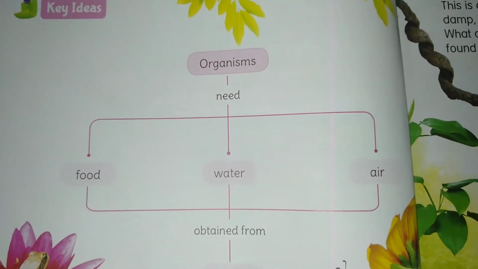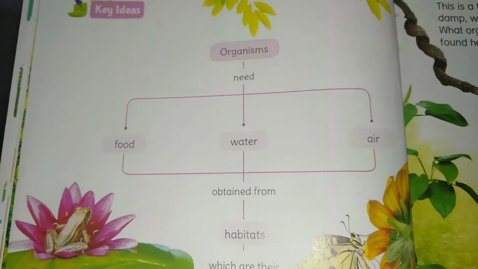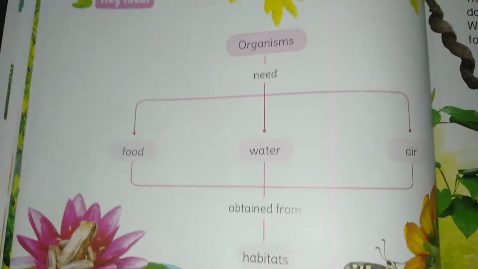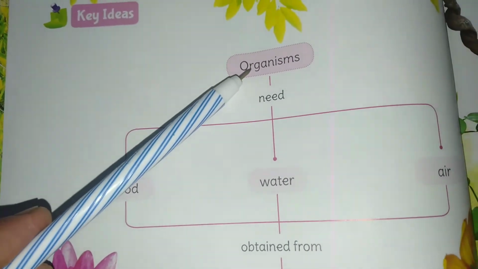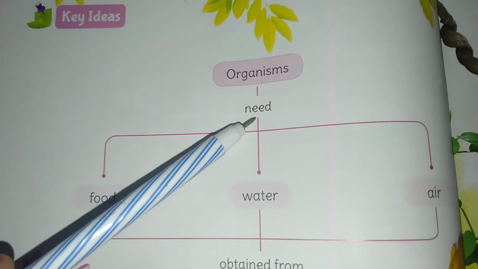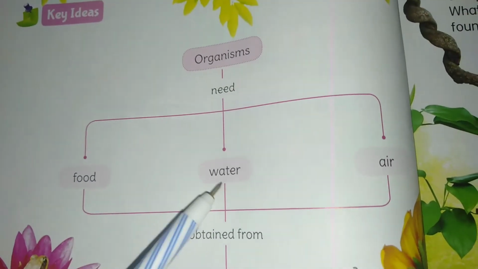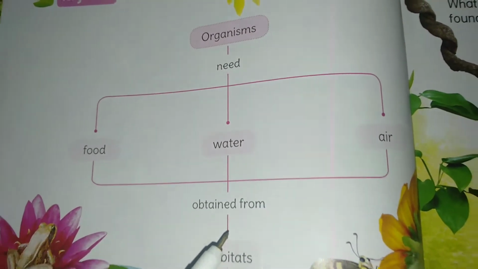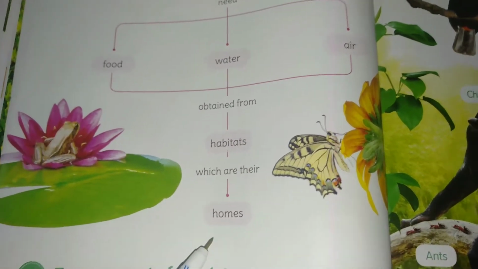Let's see the diagram of the organisms. Organisms need food, water, and air, obtained from the habitats, which are their homes. Just like these animals, this one is a frog. Where is the home of the frog?